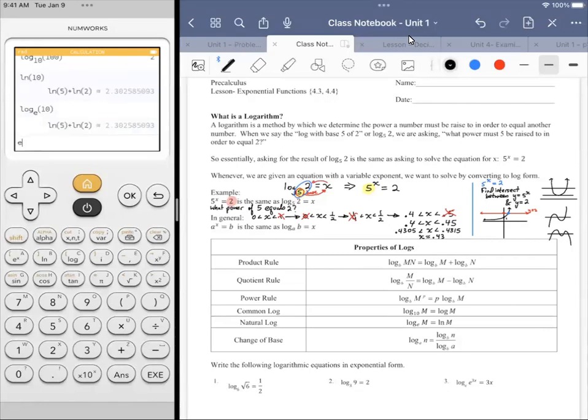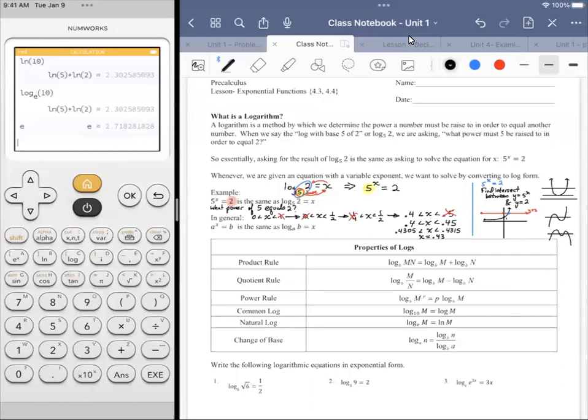And then I just knock off the power. It's the same number of keystrokes, but it feels like it's easier. E is Euler's number, which is approximately 2.718. So a base e logarithm is known as a natural log.